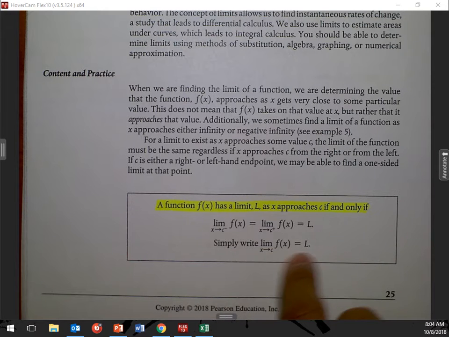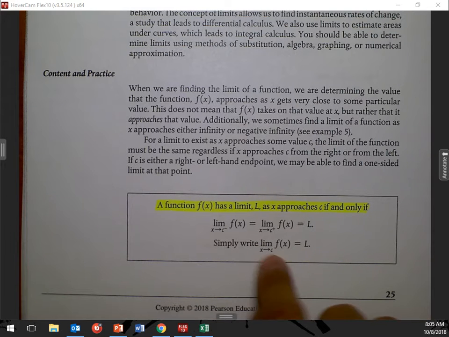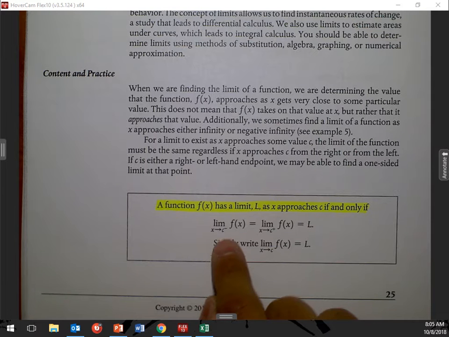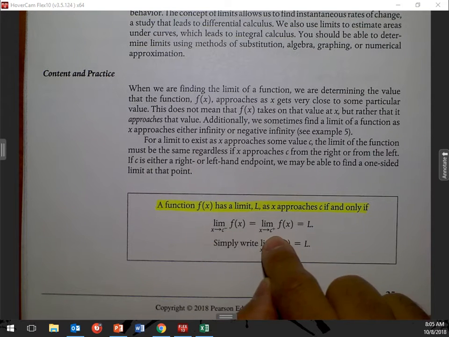Simply, instead of writing the left-hand or right-hand version, we just write the limit right here, with no bounds, so no left and right. The limit exists there. It's possible for a limit to exist from the left at one value, and the limit from the right to exist at a different value.